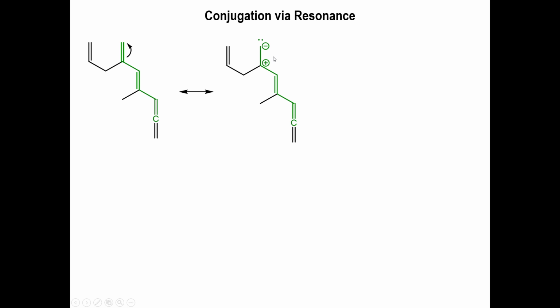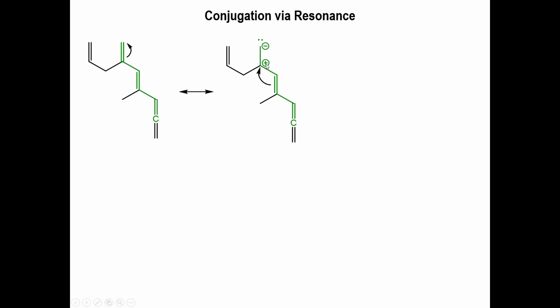You might say there's no reason for that to happen, right? Because you're violating, well, not exactly violating the octet rule, but you are now dealing with a carbon with only 6 electrons right here. But you get this segment where the positive charge is now next to a double bond, and then that double bond can provide some assistance in terms of helping out this carbocation.